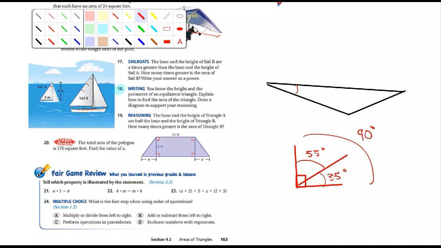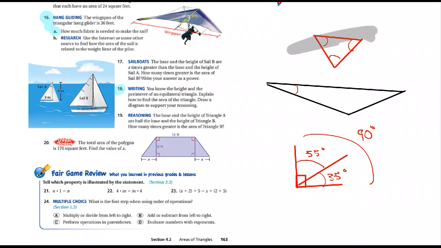And this one here is also less than 90. And so when they talk about an equilateral triangle, and I'll do my best to draw one, I might not do a good job, in an equilateral triangle all three angles have the same measurement. They all measure the same degrees. That's an equilateral triangle. Okay? You'll get more into that later on, but that should give you guys a good idea. All right?